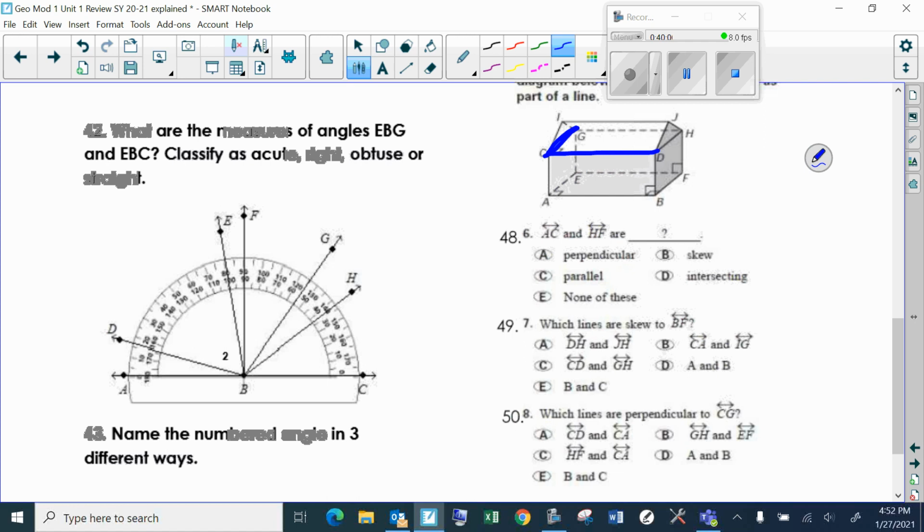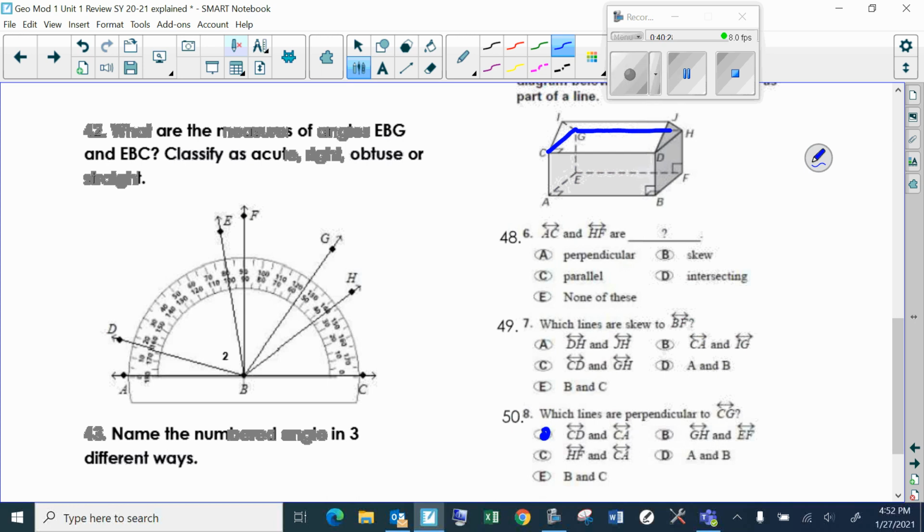CD is perpendicular. That's true. CA, that's perpendicular. So that's true. Okay, let's erase those again. So now we're at CG again right there, comparing it to GH. GH right there, that's perpendicular.